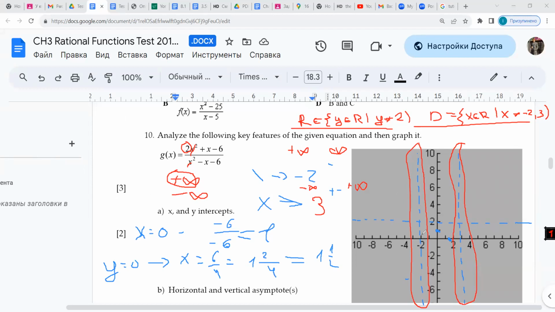I suppose the graph would look something like this. Parabola on the bottom and two branches like this and that here. This would be our graph.